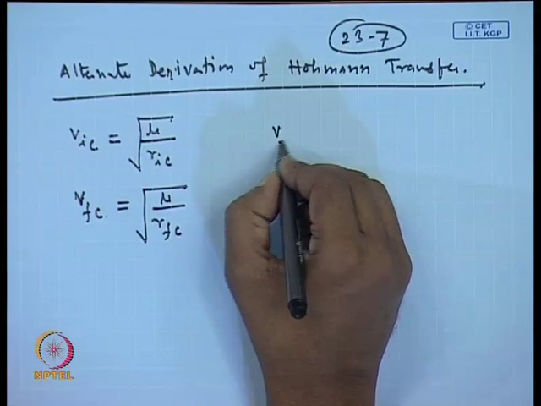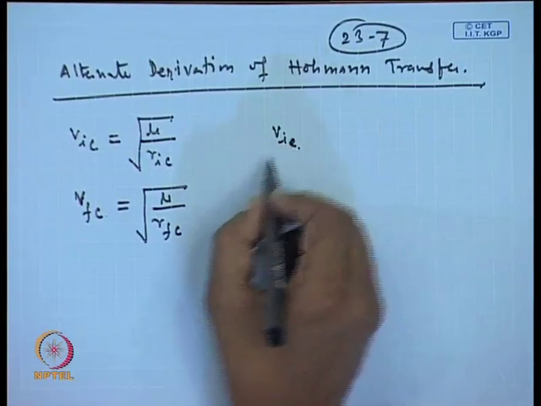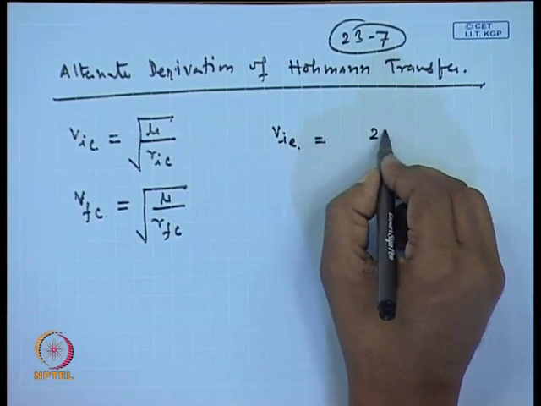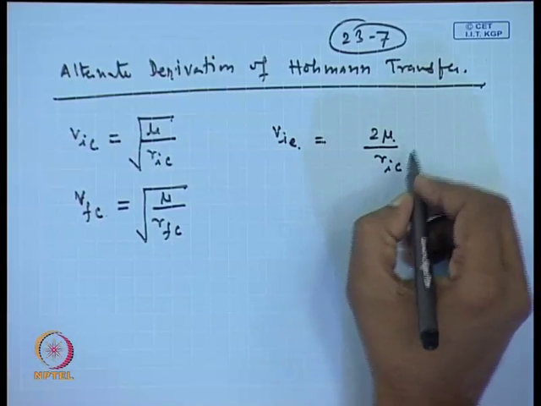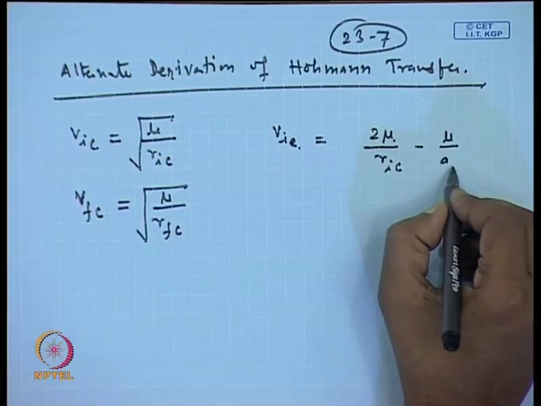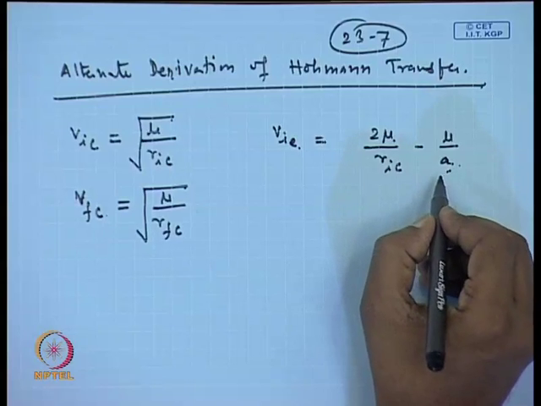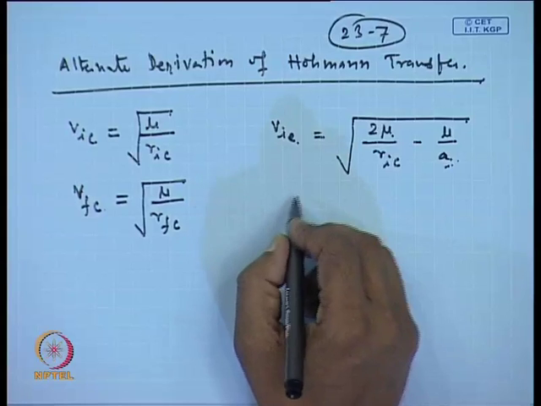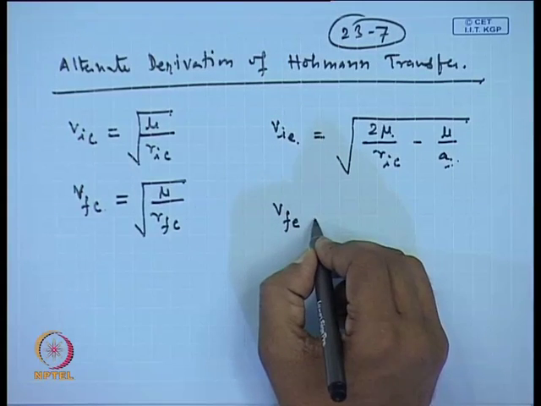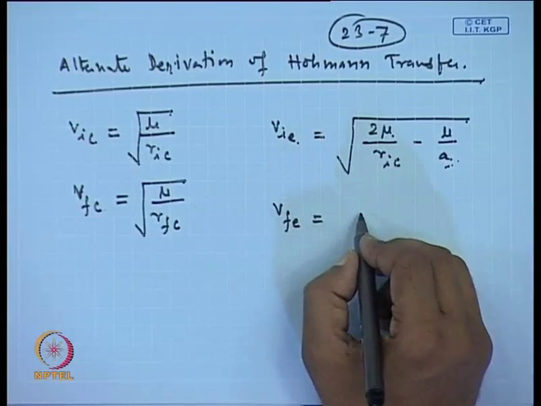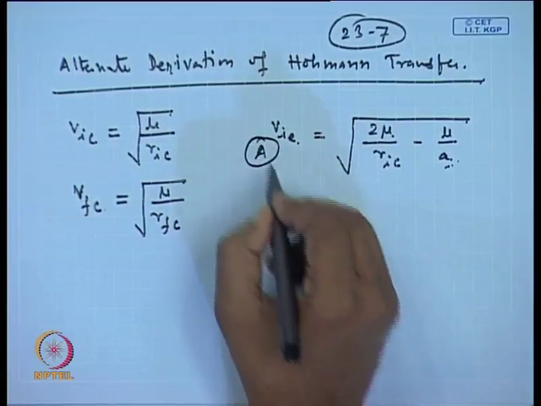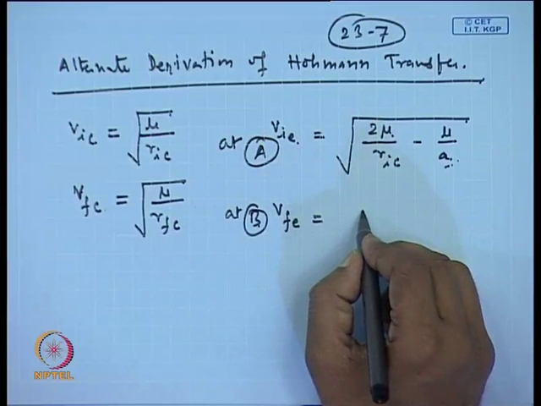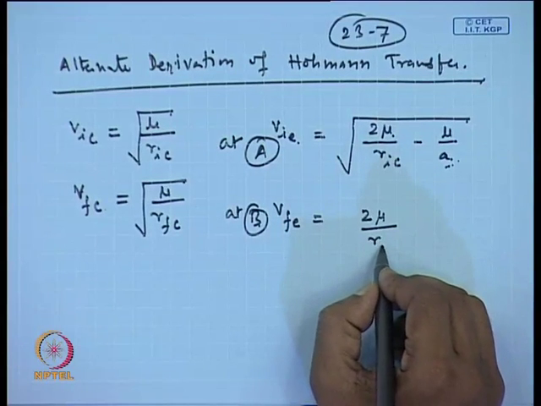Now, in the elliptical orbit at the initial point A, the velocity can be written as square root of 2 mu by R_IC minus mu by a, where a is the semi major axis of the transfer orbit, which is the elliptical orbit in this case, and V_FE at the final point, which is the point B. The same equation is valid.